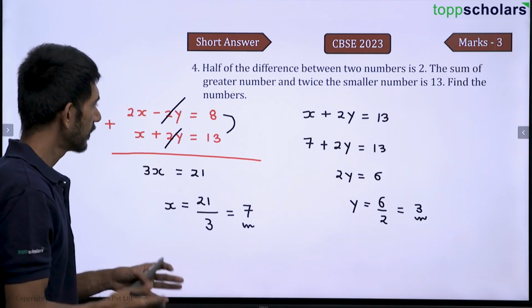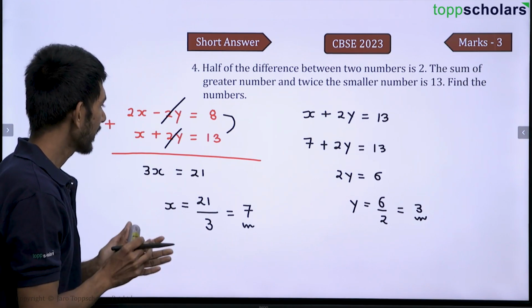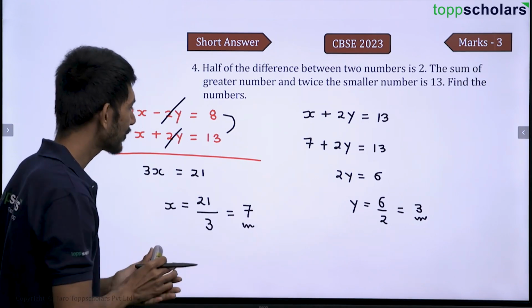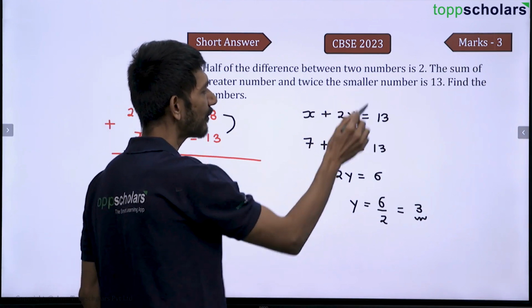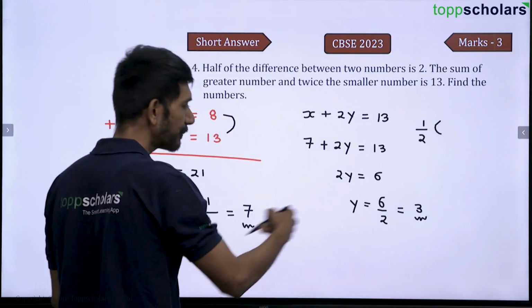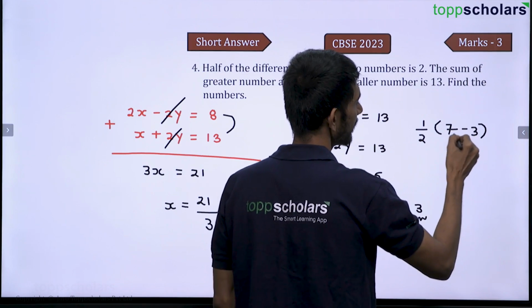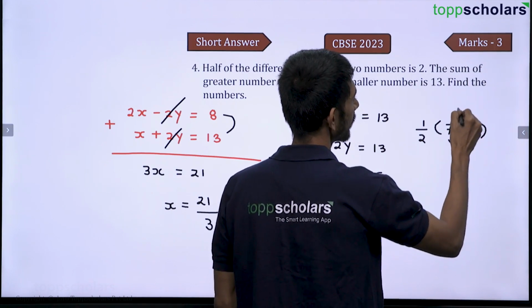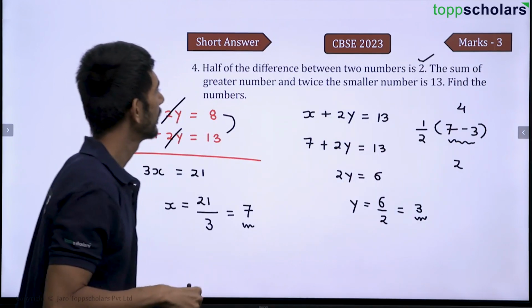So yes, let us check whether the condition is correct or not. Okay. So half of the difference of the, see, the bigger number is 7, smaller number is 3. Half of difference of bigger and smaller, that is 7 minus 3. 7 minus 3 is how much? 4. Half of 4 is 2. Correct.